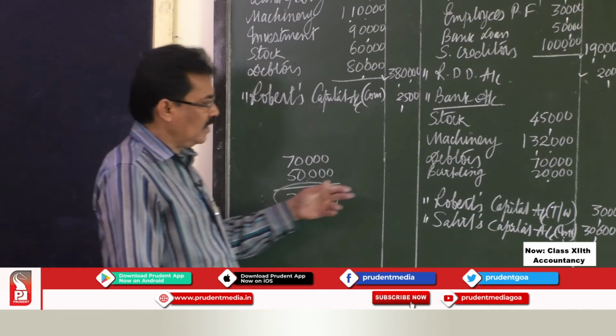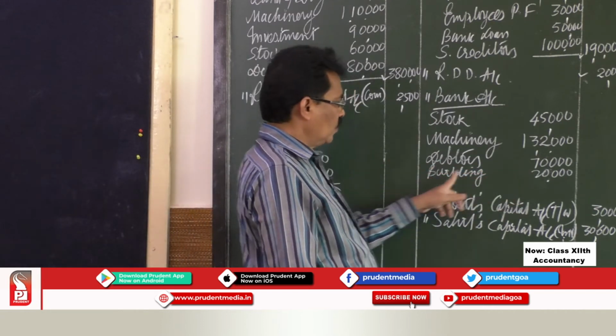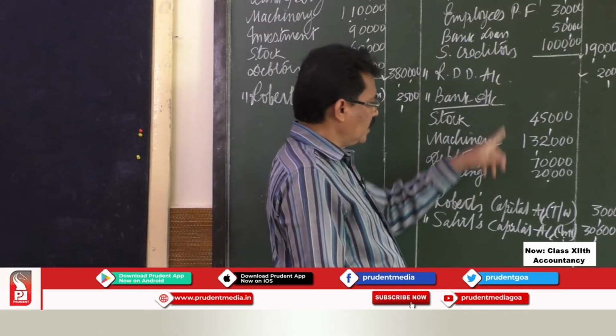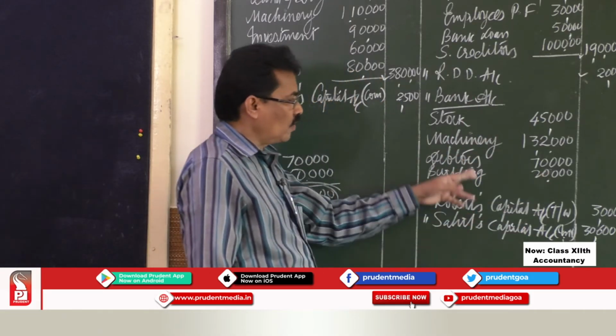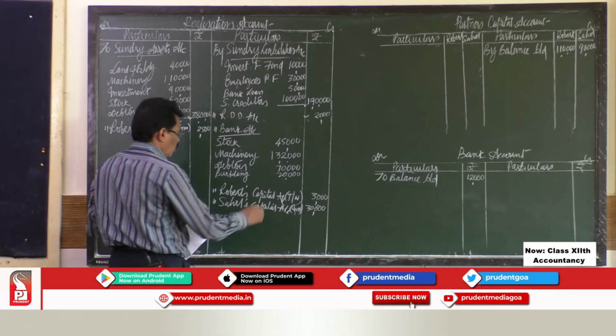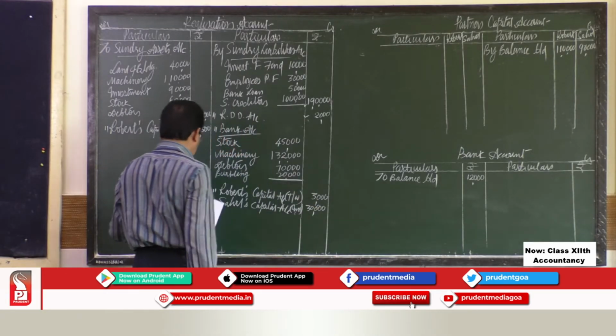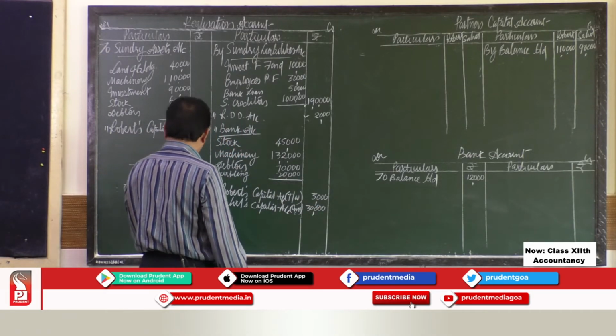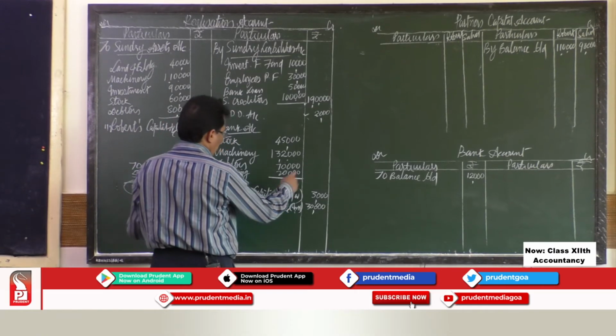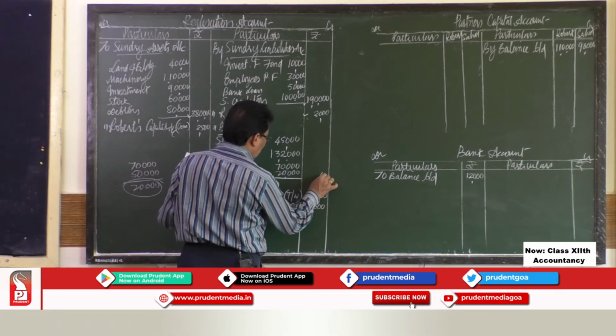So you'll get the money. So that much cash comes into the business. So you have to credit it to the realization account as by building account rupees 20,000. So these are the assets realized. The total assets you have to value, you have to write on the credit side.